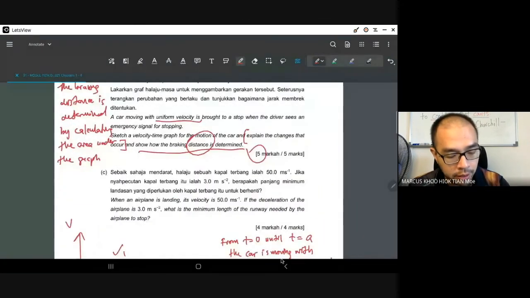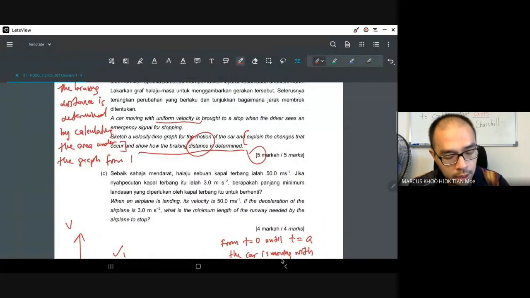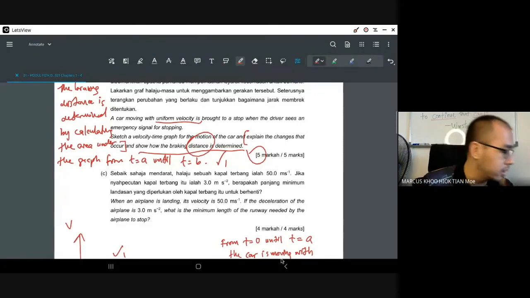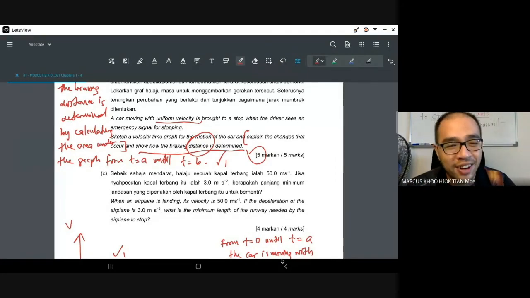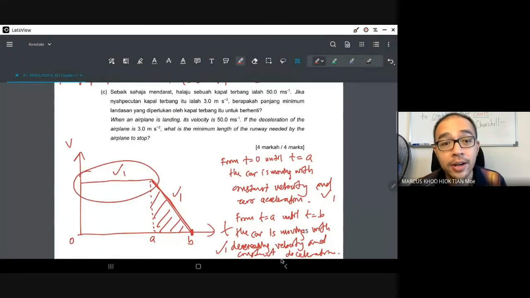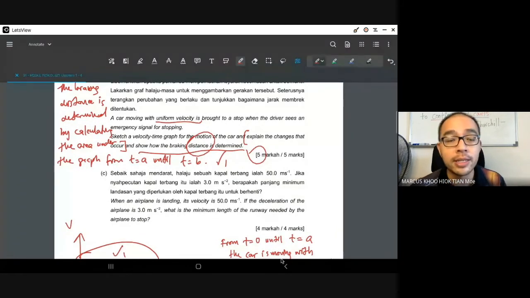The area under the graph from t equals A until t equals B. That's your 5th mark. Only this section, because this one is not braking. If the question says how do you determine the total distance, then you just calculate the total area.